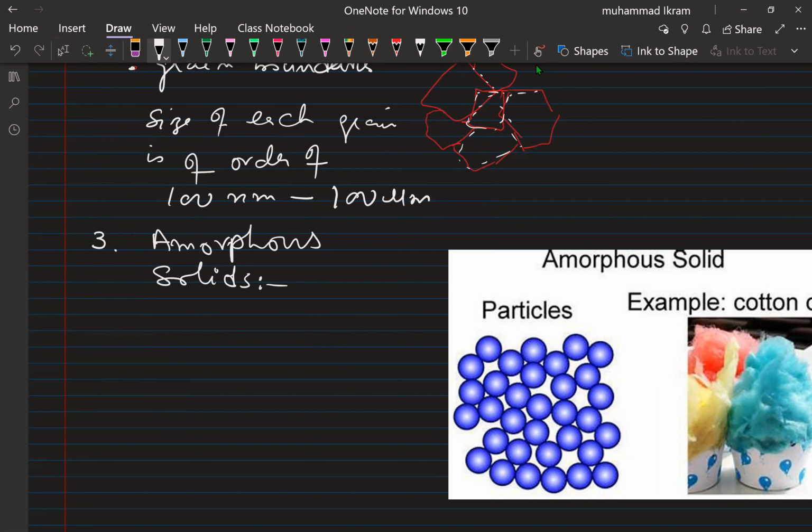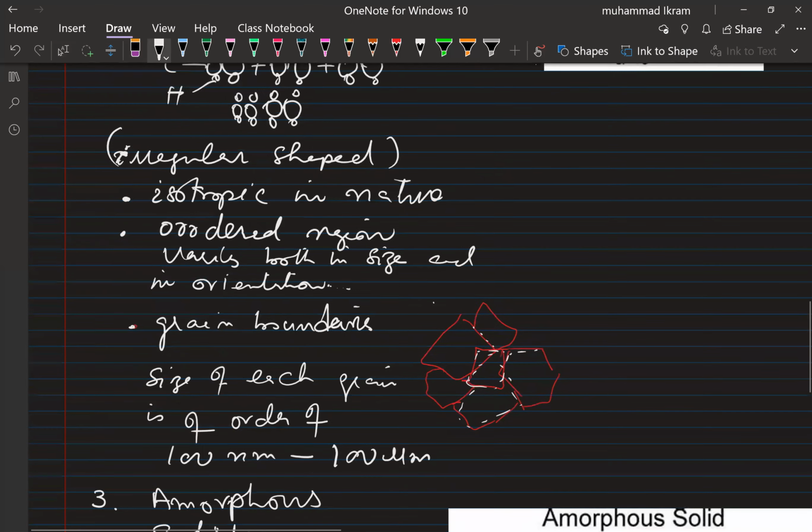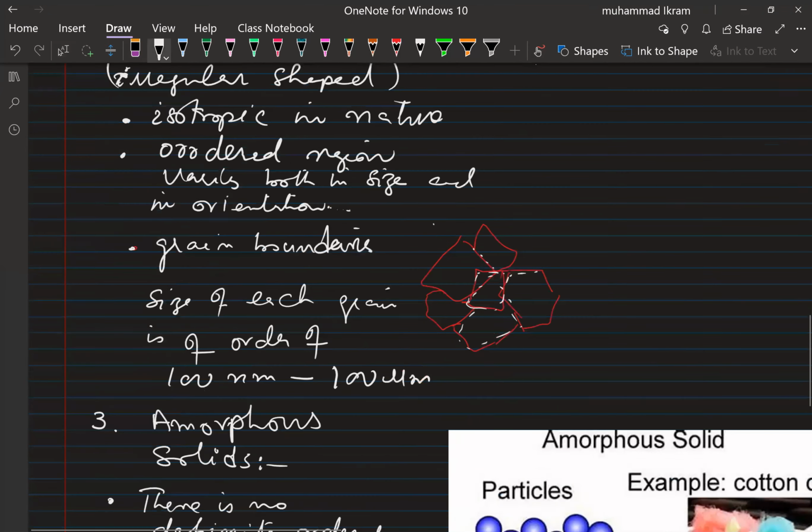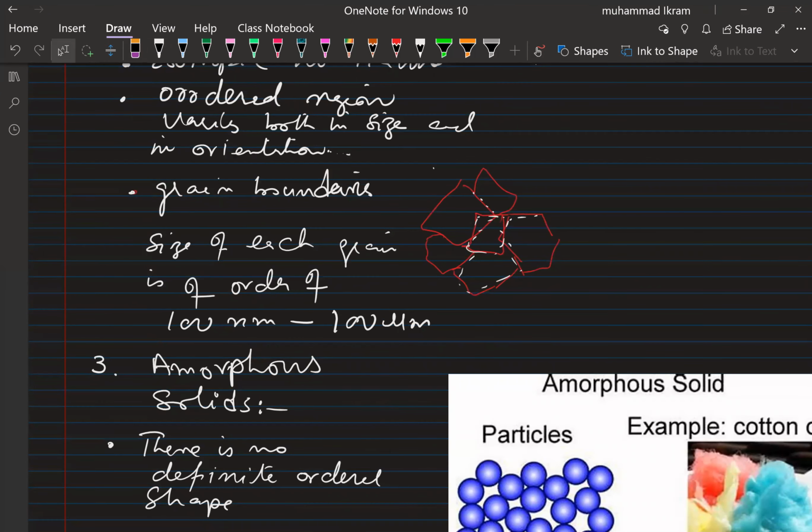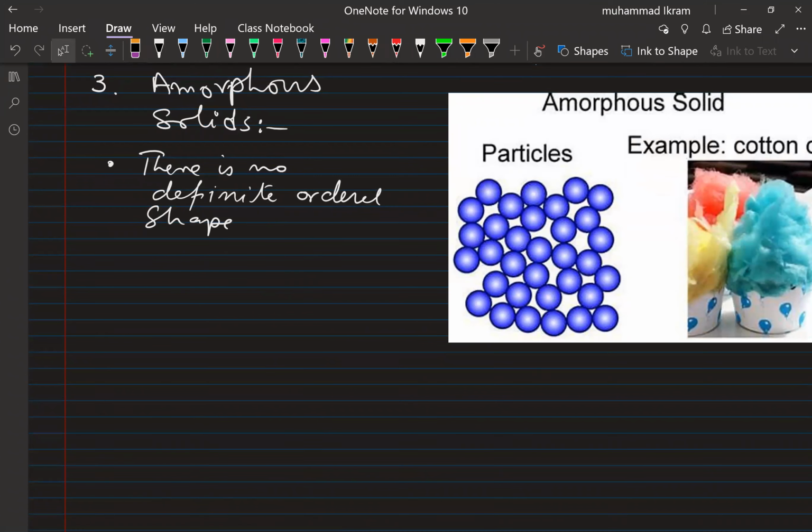The amorphous or non-crystalline solid is composed of a randomly oriented arrangement. There is no definite shape or order. The polycrystalline solid lies between order and disorder, while the amorphous solid acts like a very disordered arrangement.